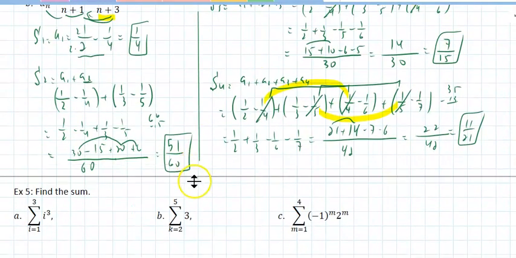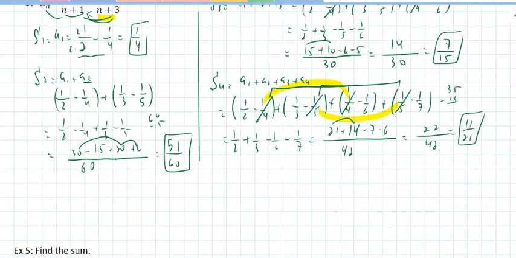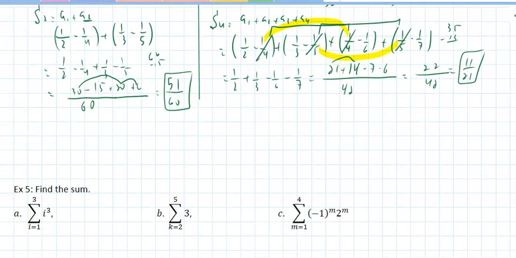Let me give myself a bit of space and talk about what it means for S sub n. I keep on saying A sub n, I mean S sub n. S sub n is the first term, 1 over 2 minus 1 over 4, right?